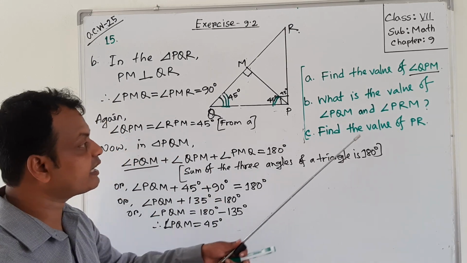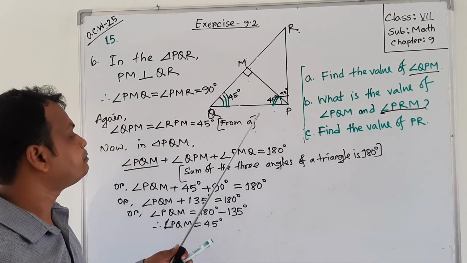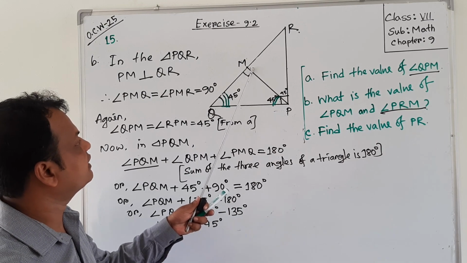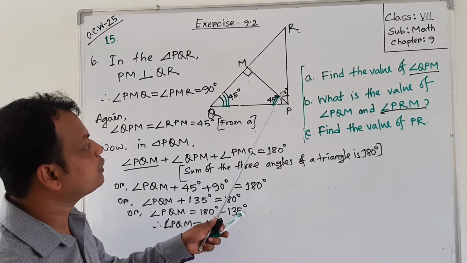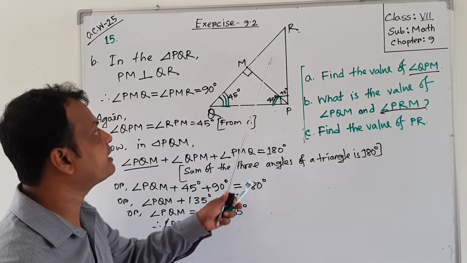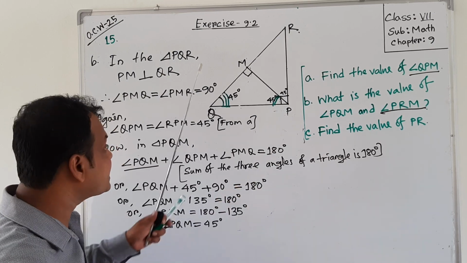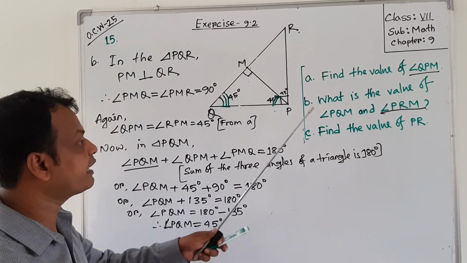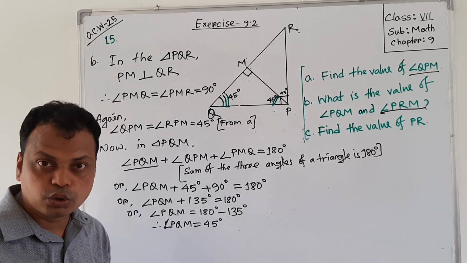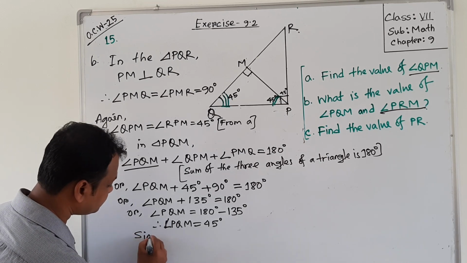One result. Another question: we have to find the value of this angle PRM. Look here. This angle is 90 degrees, this angle is also 90 degrees, and this angle is 45 degrees. So if this angle is 45 degrees, what will be the measure of this angle? 45 degrees. In the same way we can find the value of angle PRM, so no need to show it again.